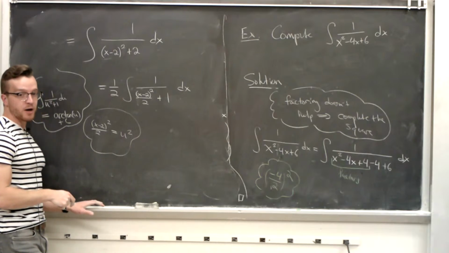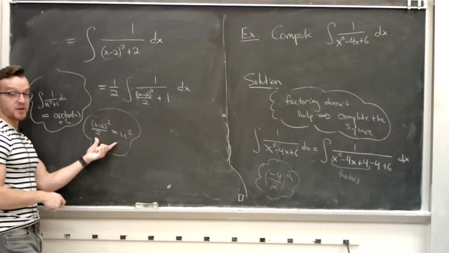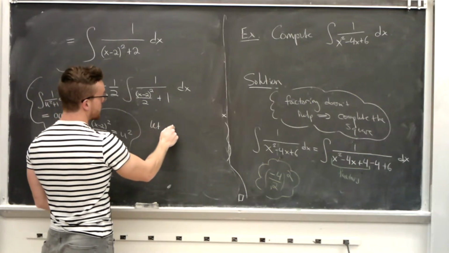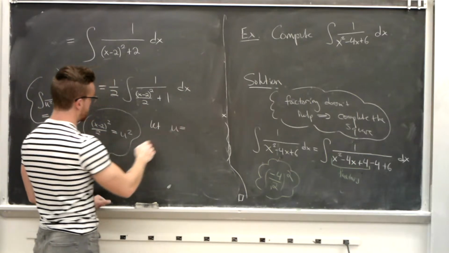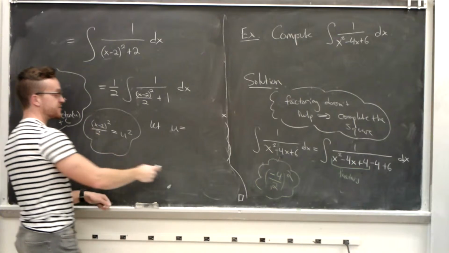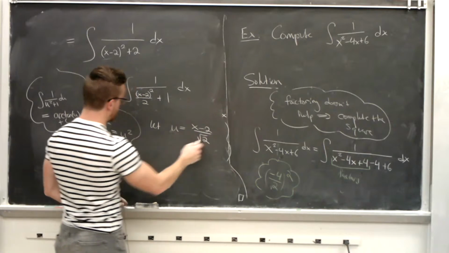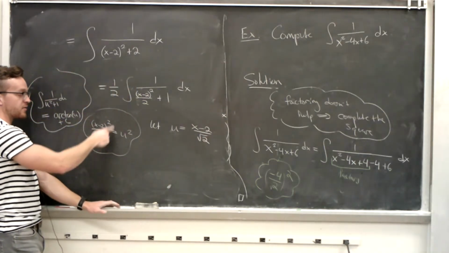Wouldn't that be great? And this is what will dictate my substitution. So I would let u be x minus 2 over root 2, which I get by just taking the square root here.